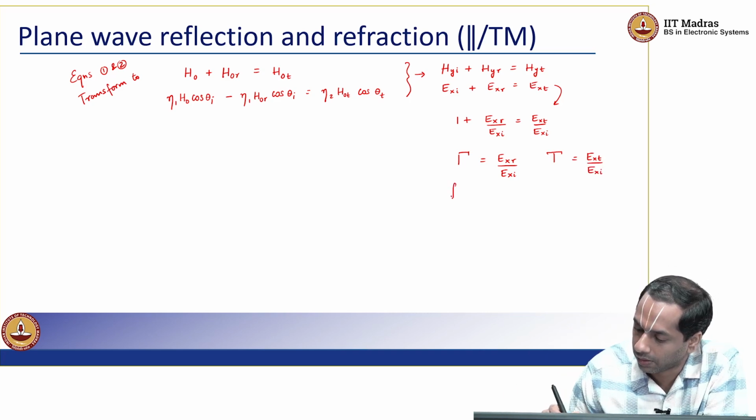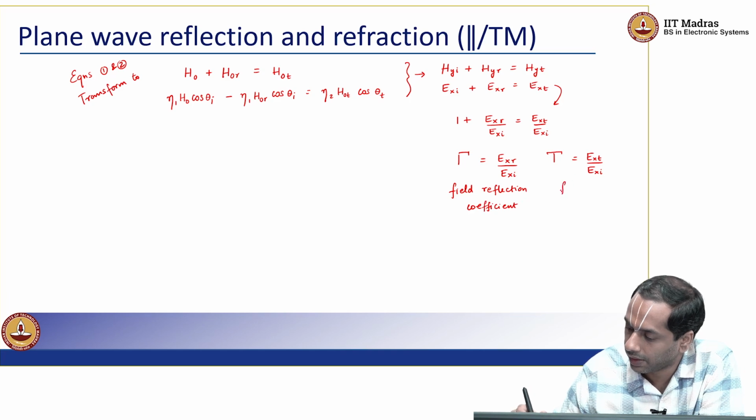These are each called the field reflection coefficient and the field transmission coefficient.